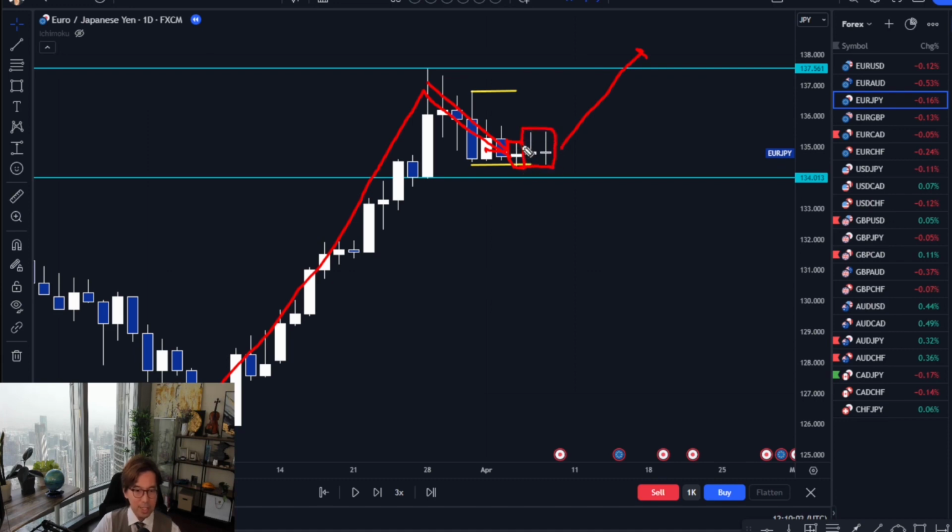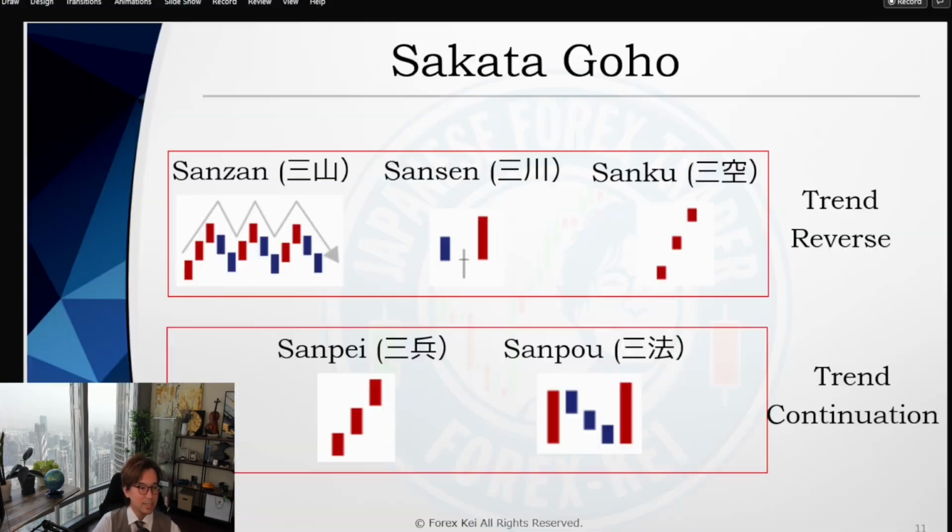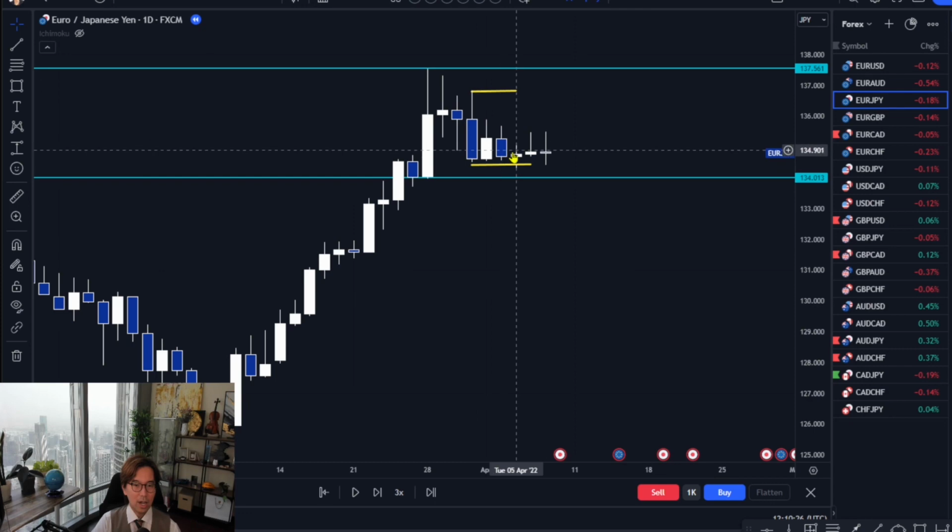And if these dojis are broken bullish, so that means if the next candlestick breaks the doji resistances, then it may be the reverse pattern. Again, Sansen is this one, this pattern: candlestick, doji, and reverse. So that's what I see here also. So I closely monitor whether it breaks the doji bullish or bearish.